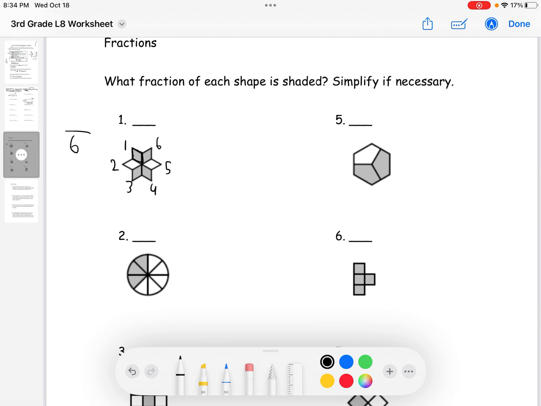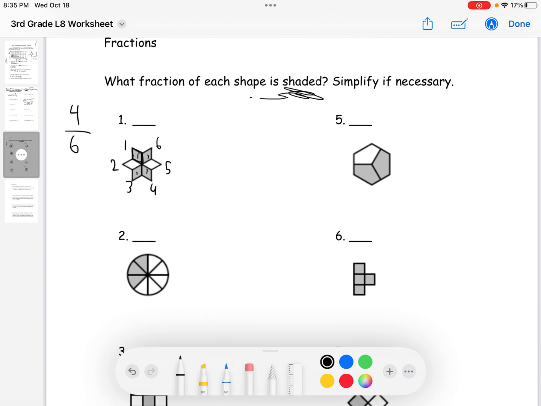And it's asking for what fraction of each shape is shaded. So we can see that this one is shaded, this one, this one, this one. So we know that 4 is shaded. So the answer to number 1 will be 4 over 6, but we can still simplify that, because the GCF would be 2. So if we just divide both of them by 2, it will be 2.